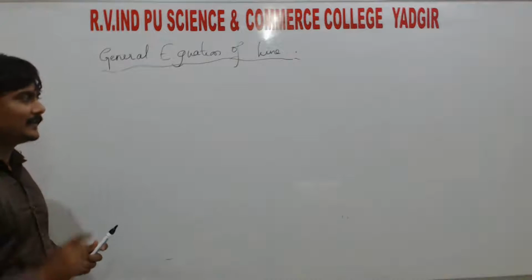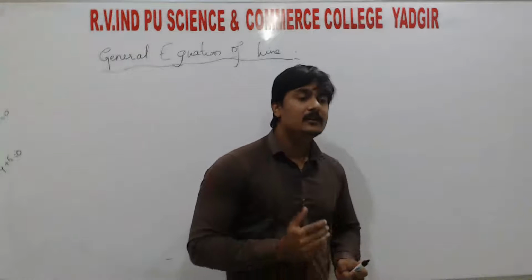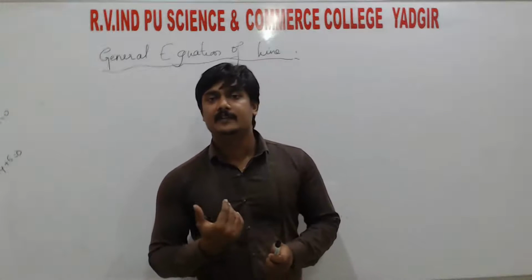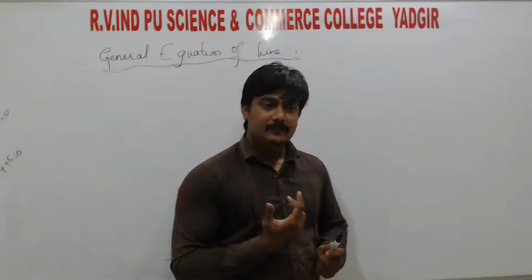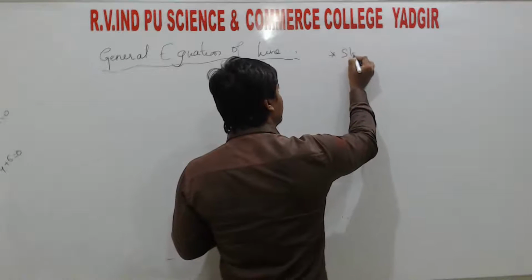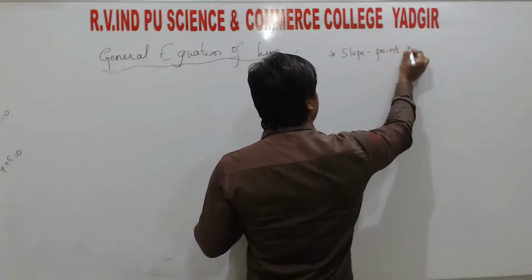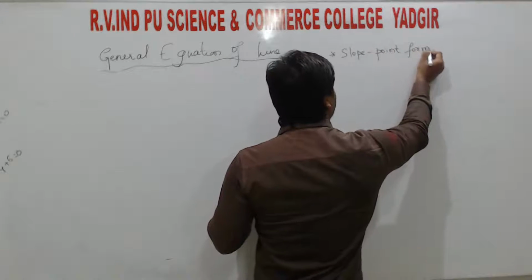Very simple concept, children. So far, you people have learned various forms of straight line equation. Which forms you have learned? Slope point form.